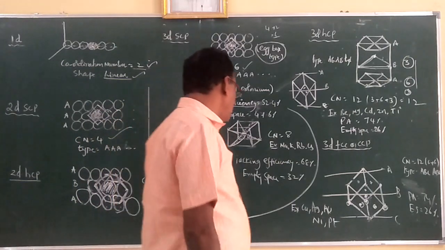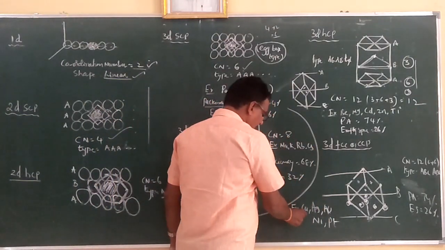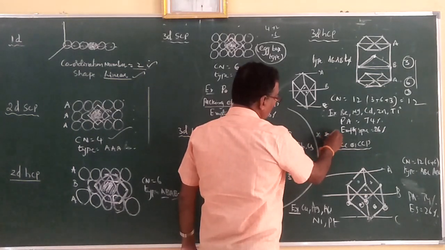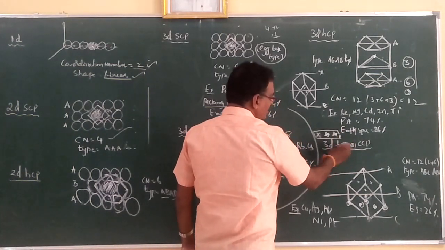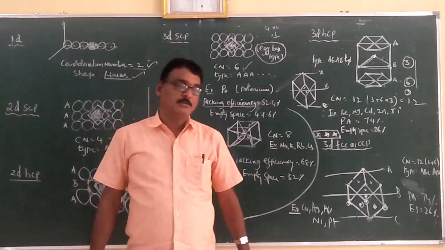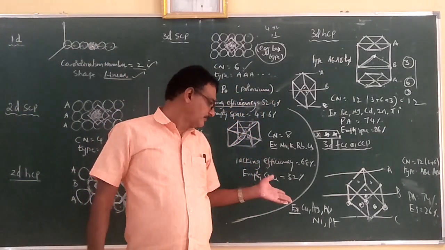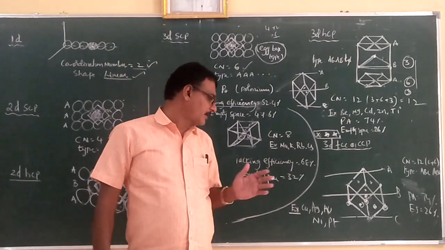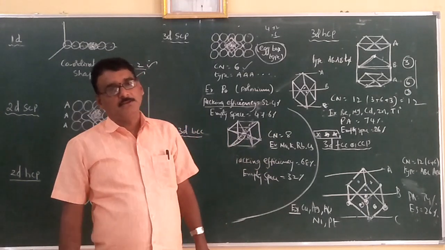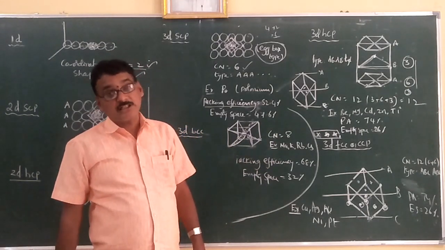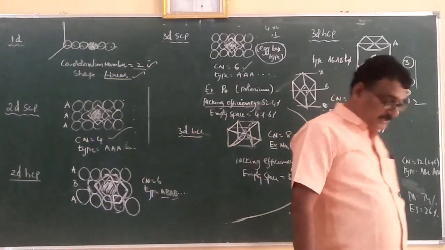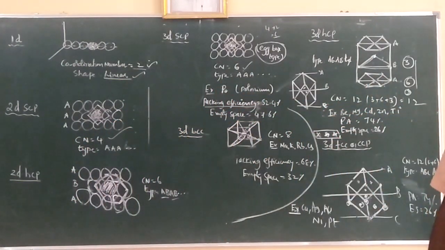Now, what are the examples? This is very, very important. 3D FCC, CCP. Why? Because the costliest metals are there: silver, copper, gold, platinum, nickel. That's why the most costliest metals are present in this type, 3D FCC or CCP.